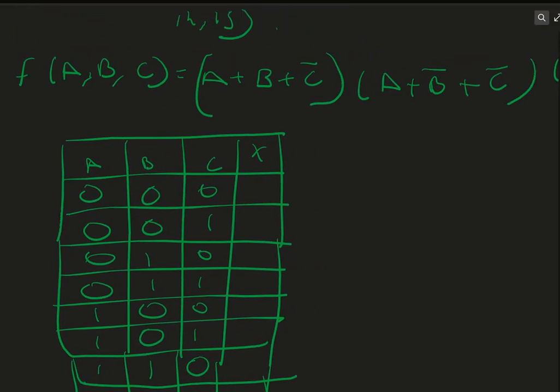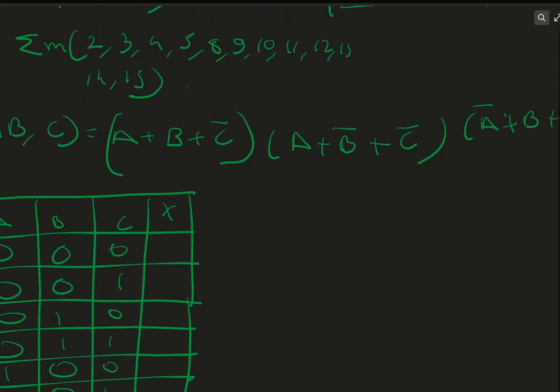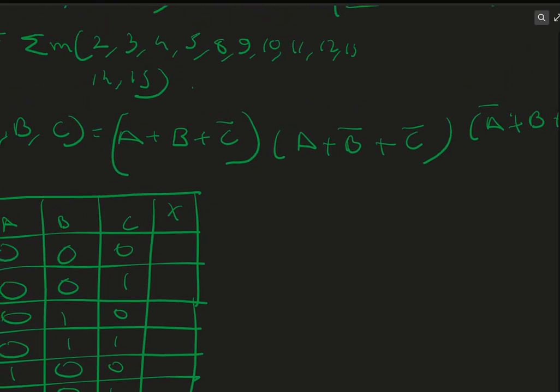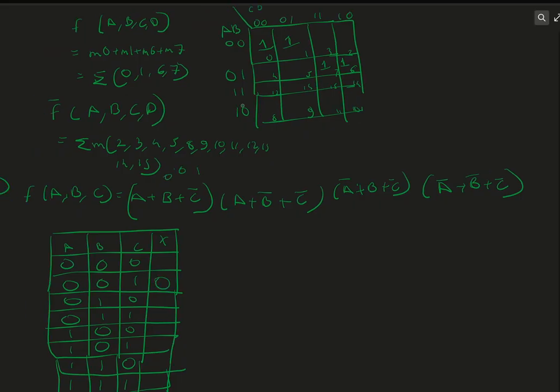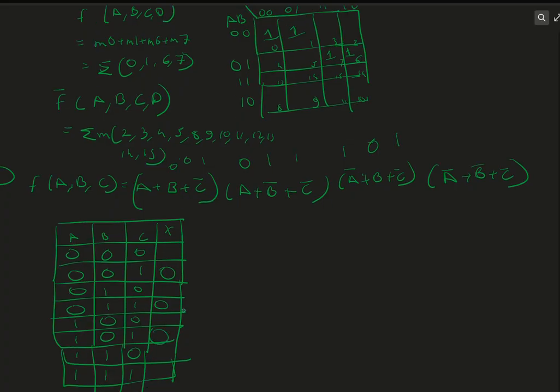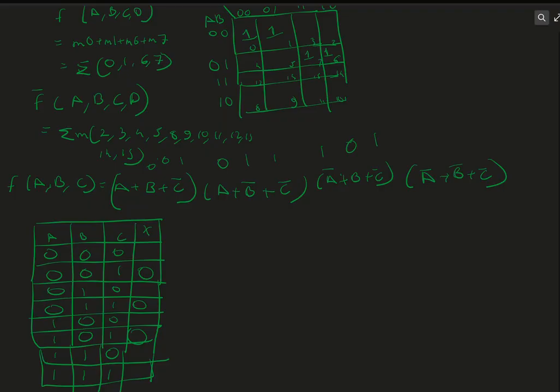So for POS, we'll do manual calculation, but it has to be 0 0 1. So 0 0 1 will have 0, for this 0 1 1, 1 0 1, for this 1 1 1.